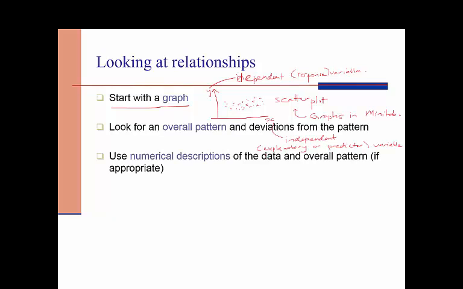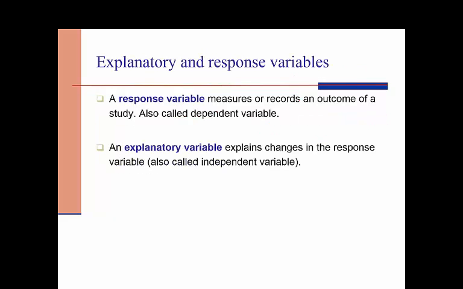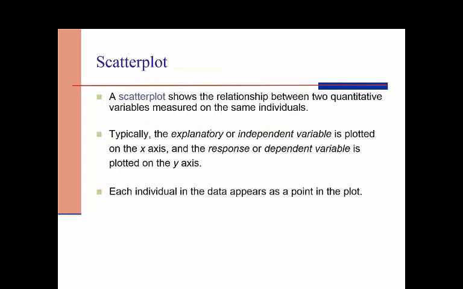So it's a predictor or explanatory variable. You use it to explain y. So that's independent and y is dependent. So that's a response variable is what we talked about. That's y, and an explanatory variable is x. Okay, you can use x to explain changes in the response variable. That's y. Also called a dependent variable.